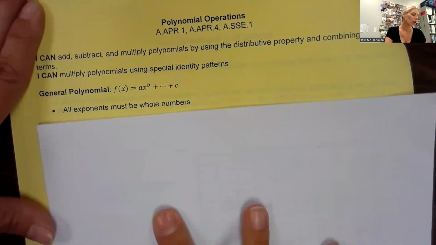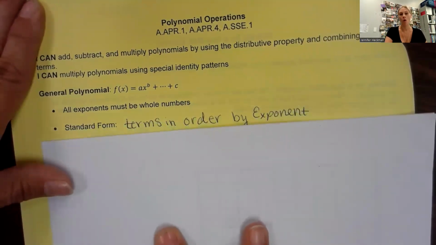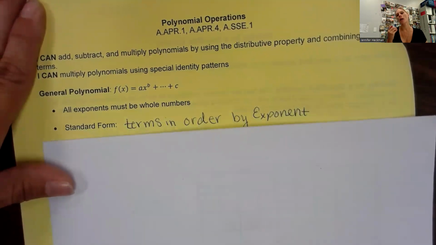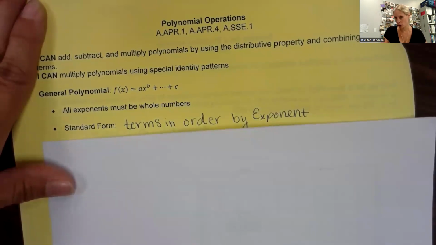Okay, so the first term we're going to talk about is standard form. So when your polynomial is given to you, it doesn't mean that it's in a certain order. But lots of times a question could ask you to have it in standard form, or you can identify things better if it were in standard form, okay?